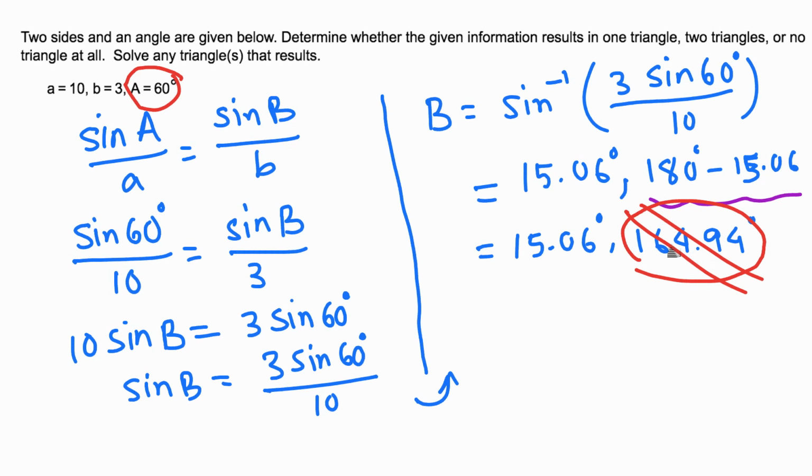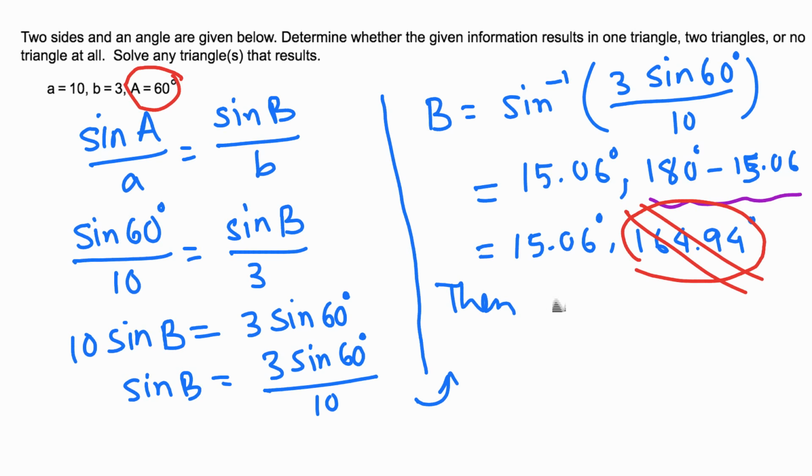There is no angle like this. If the sum of these two angles is still less than 180, then we would have the two triangles case. Then this would be B. We would find the corresponding C from both angles, but in this case we don't have to. This is not possible. So angle A is 60, B is 15.06.